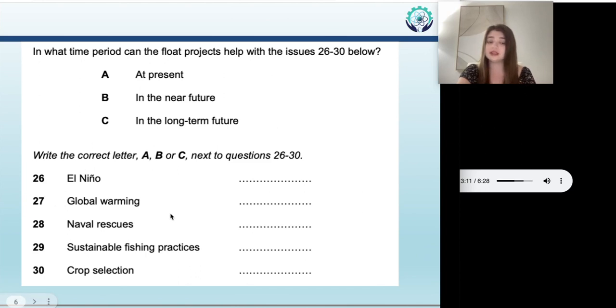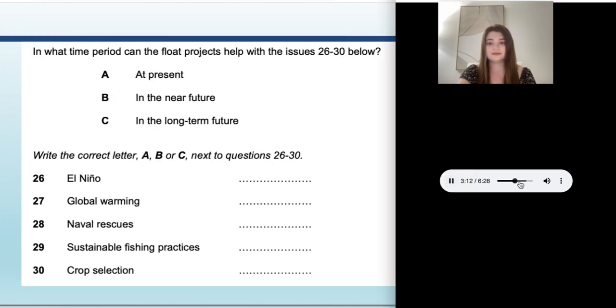So we're listening for these keywords and whether they will be helpful in the near future, present, or the long-term future. So let's get back. Okay, I think at about 3:30 it starts.